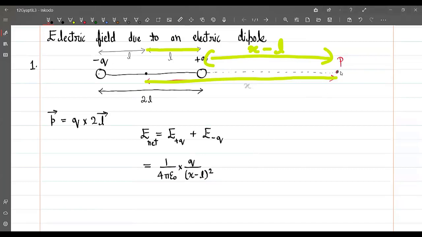And the direction towards right, I will take it as positive. That is electric field due to plus Q at point P.